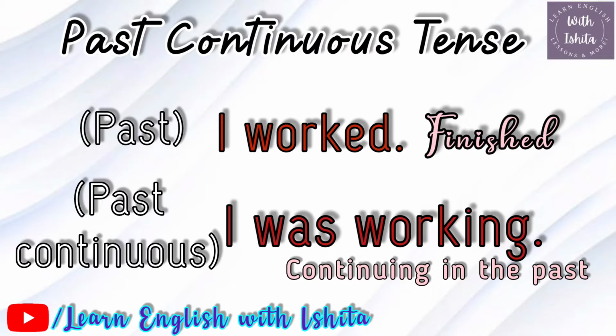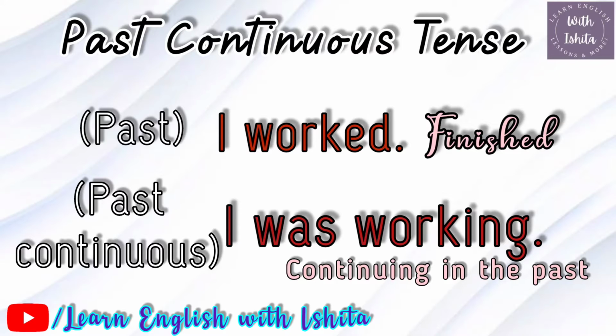But for the past continuous tense, we are talking about something that continued in the past during a period of time, okay? That means an action which started in the past and was still continuing in the past. The past continuous tense is used to express a continued or ongoing action in the past, an ongoing action which occurred in the past and was also completed at some point of time in the past.